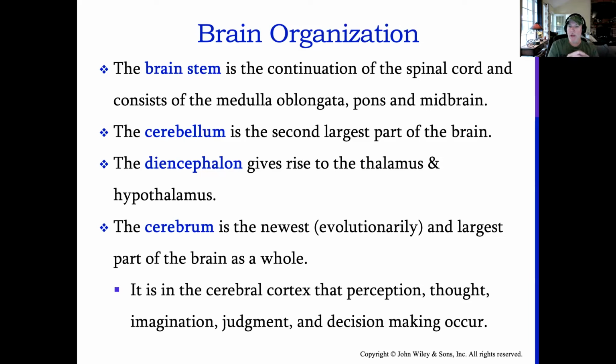The cerebellum is going to be the second largest part of the brain. It's located posterior to the brainstem. When we look at a diagram, you'll see the relationship of the brainstem to the cerebellum. It sits in the back here, tucked under the cerebrum and behind the brainstem. But the cerebellum is a really important part of the brain because it's kind of our unconscious part of our brain.